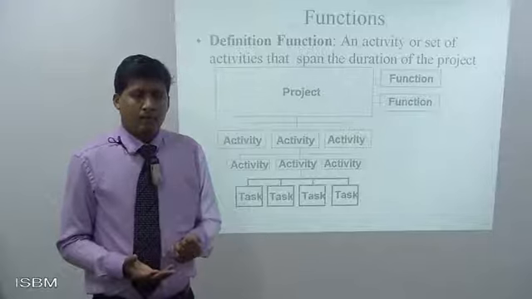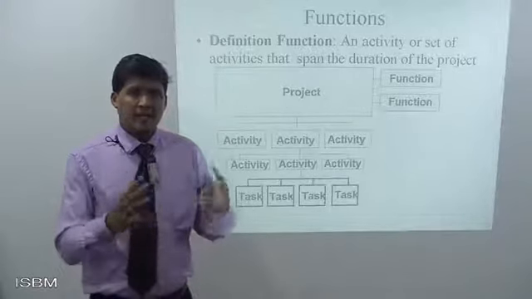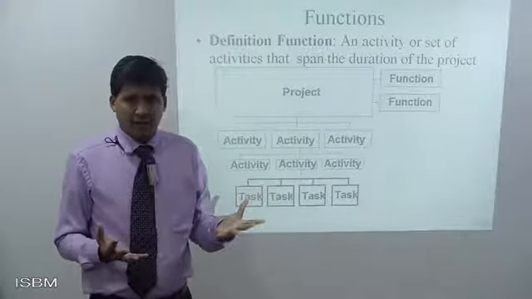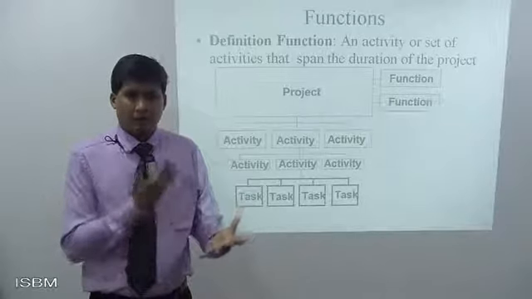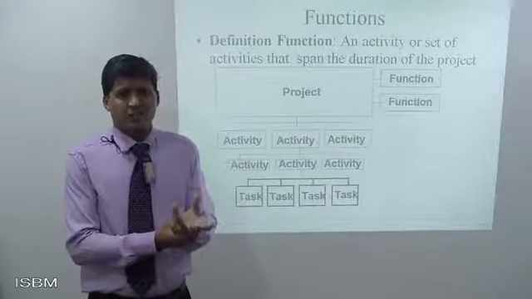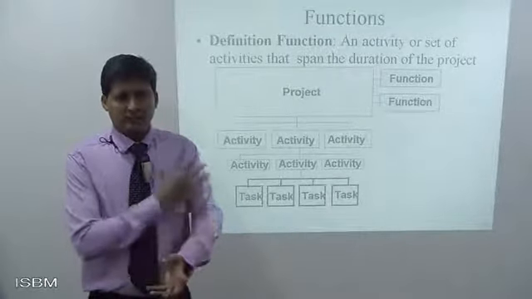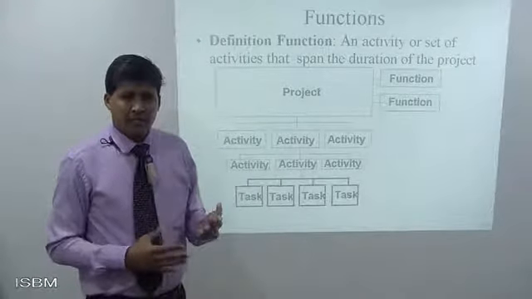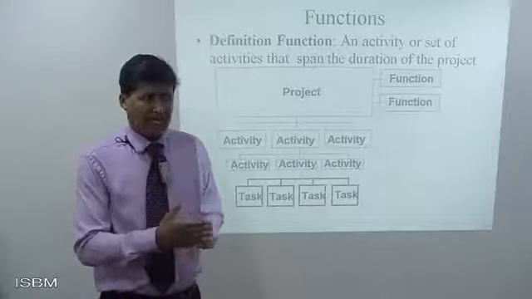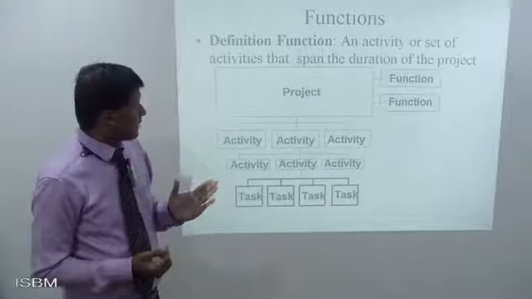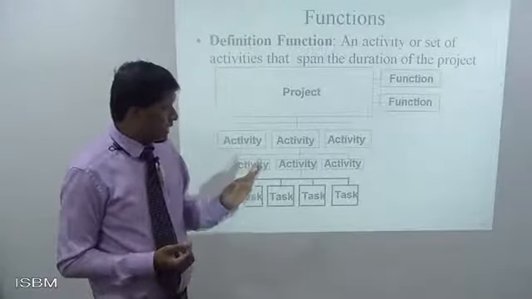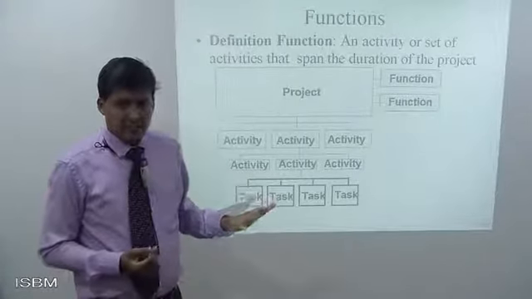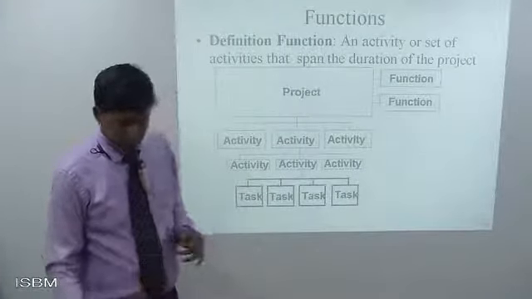It is just like a bigger representation. For example, a complete hand will have fingers, wrist, the joint. This is a complete representation of a hand. Similarly, a function is a group of activities. And an activity is a set of tasks put together.